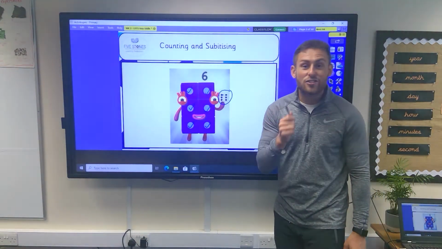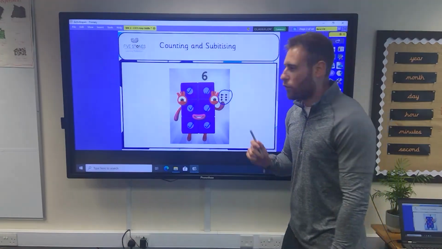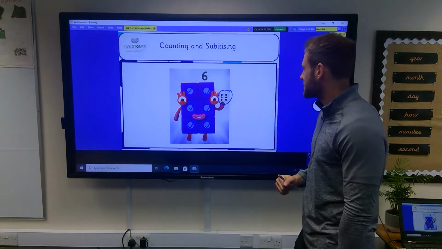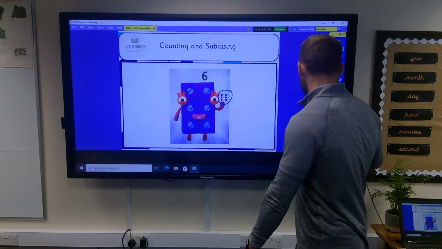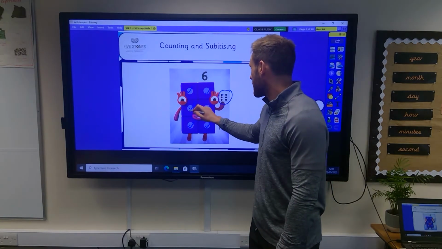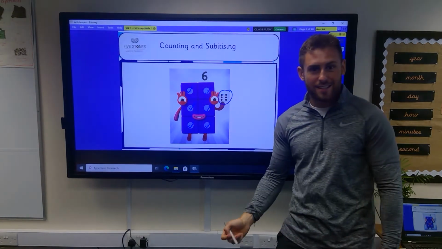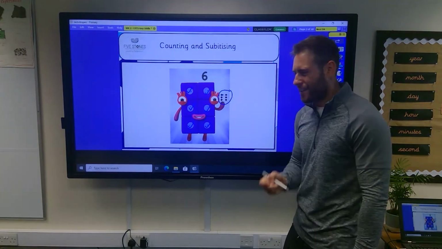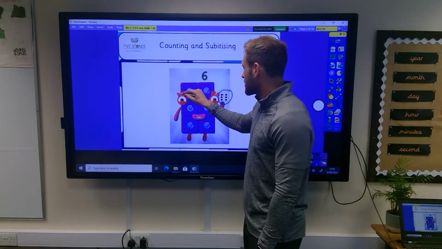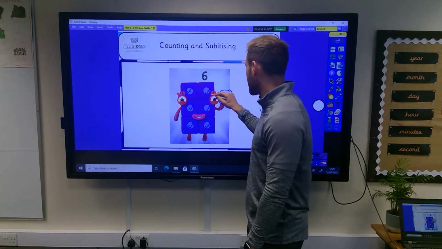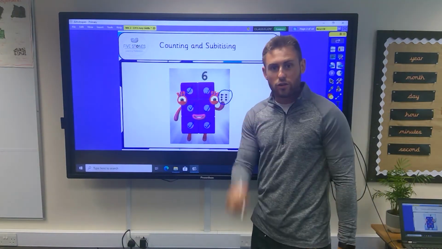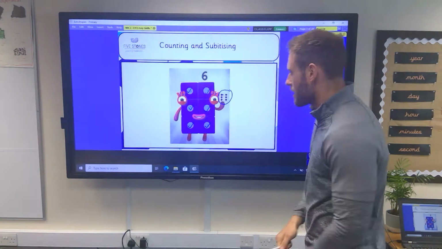You're right, each number blocks character is made up of the same amount of blocks. So good spotting of that. Any more representations of 6? Oh yes, we've got the dots that are on our character as well. 1, 2, 3, 4, 5, 6. 6 dots on our character. And some of you with really good eyesight might have spotted she has 6 lovely eyelashes, doesn't she? Great, well done if you've managed to spot even more 6s than I have.